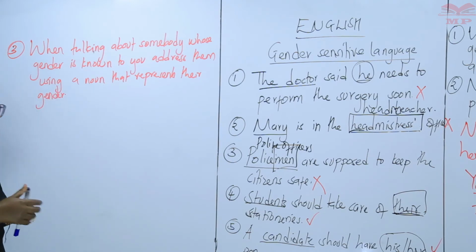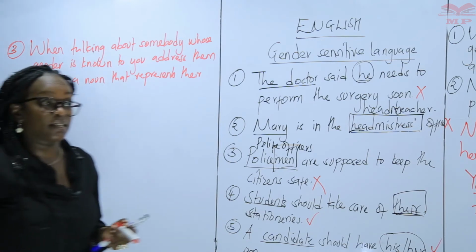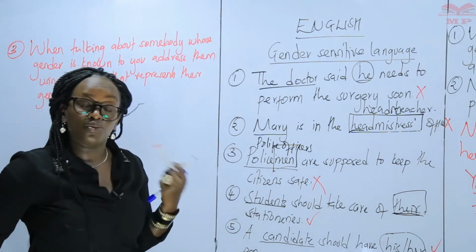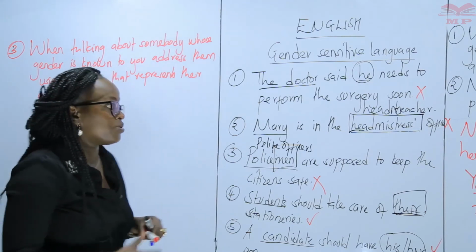For example, I said if you know the crowd that you're addressing is girls, is boys, you can use those two terms to refer to your audience as that.